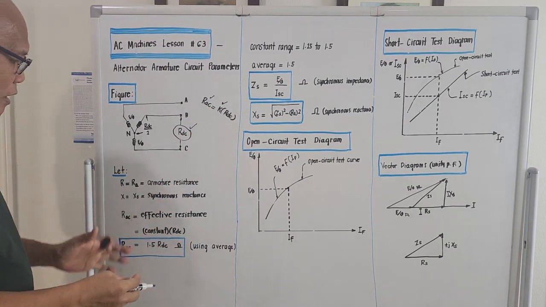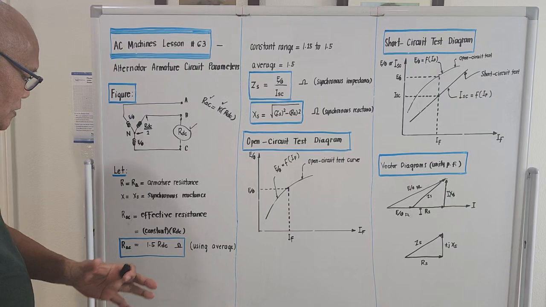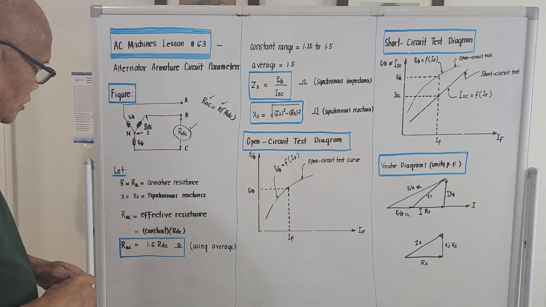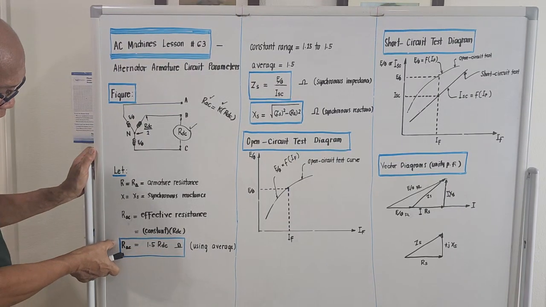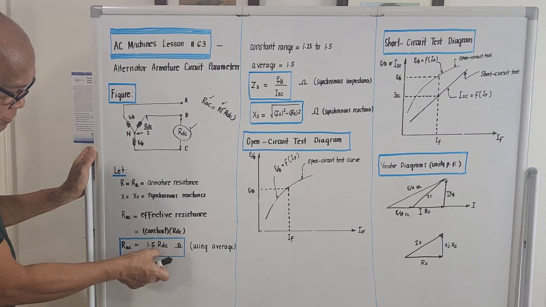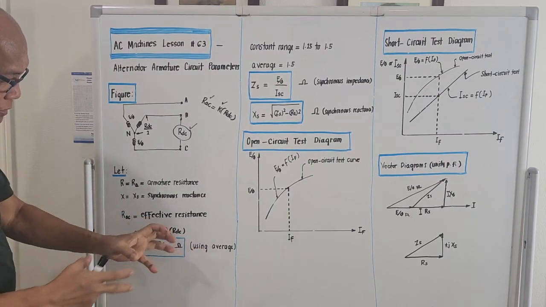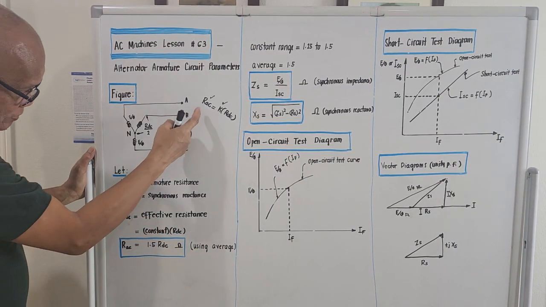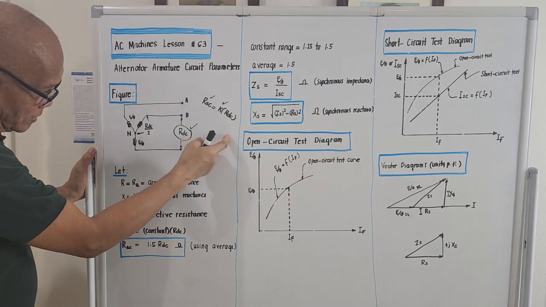And according to the formula I placed here, there is a relation between the AC resistance, alternating current, and the DC resistance, direct current. It is designated by this formula.